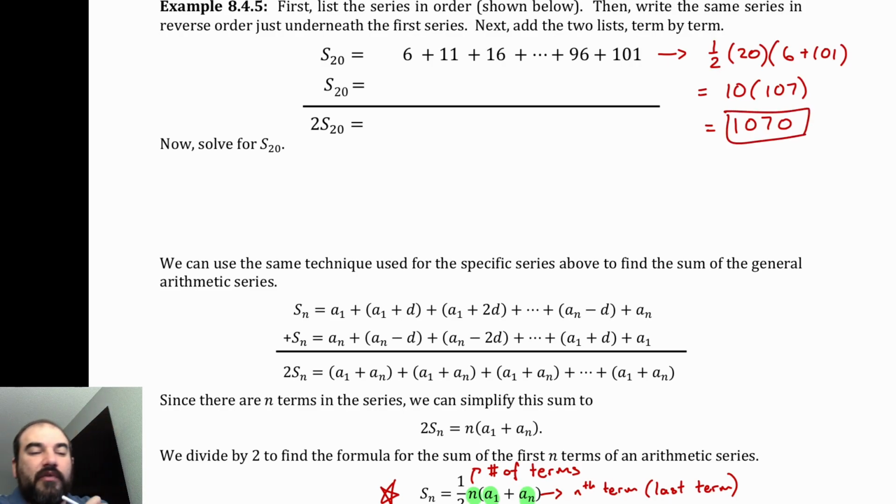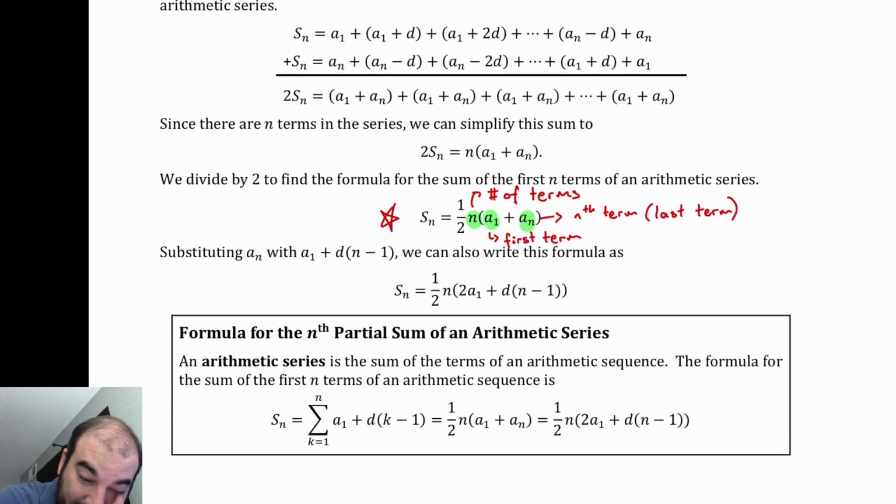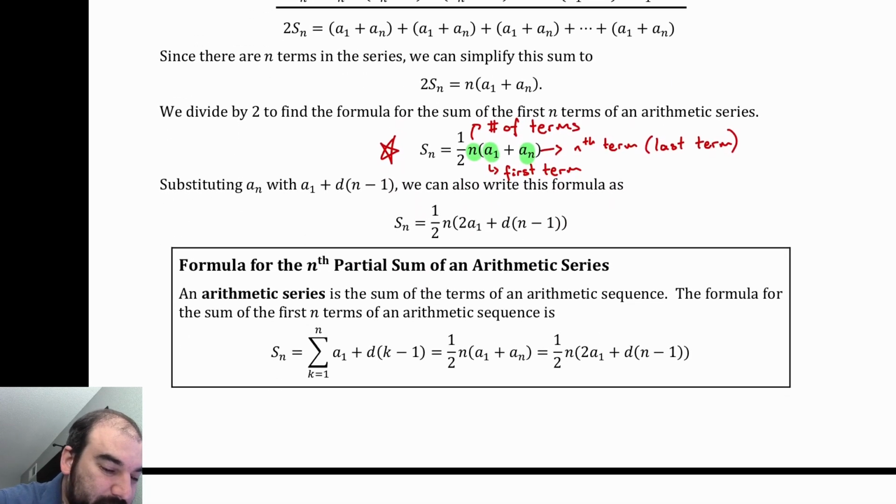So we can use the formula if we know how many terms there are, the first term and the last term. Sometimes some of those pieces are going to need some work to figure out. That's where the difficult part of this section comes in.